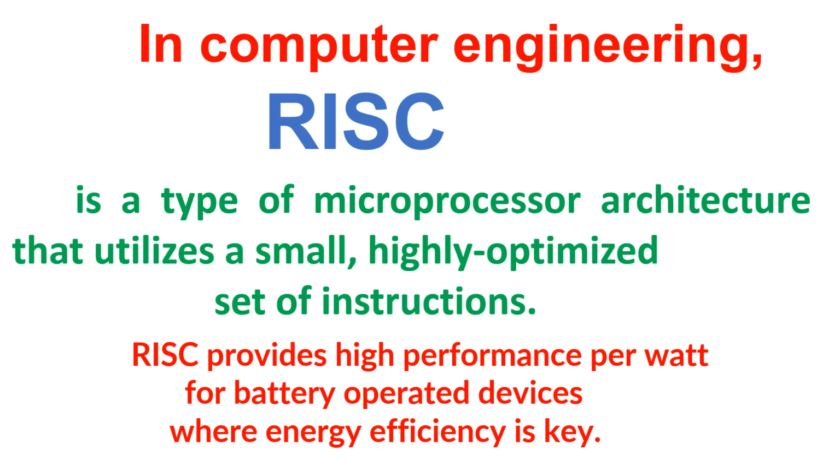In computer engineering, RISC is a type of microprocessor architecture that utilizes a small, highly optimized set of instructions. RISC also provides high performance per watt for battery operated devices, devices that are battery based.